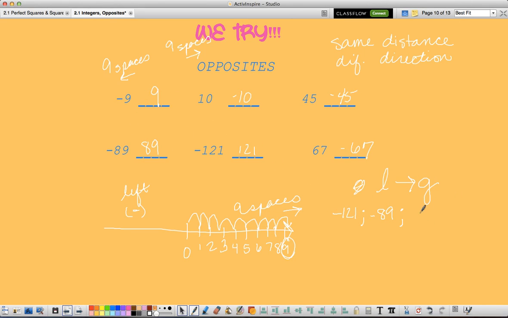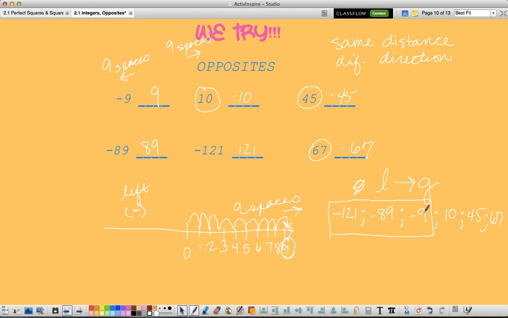So here we have negative 9 would be my next smallest. And then now I'm into my positives, and these make sense to us. We know that it would go 10, 45, 67.